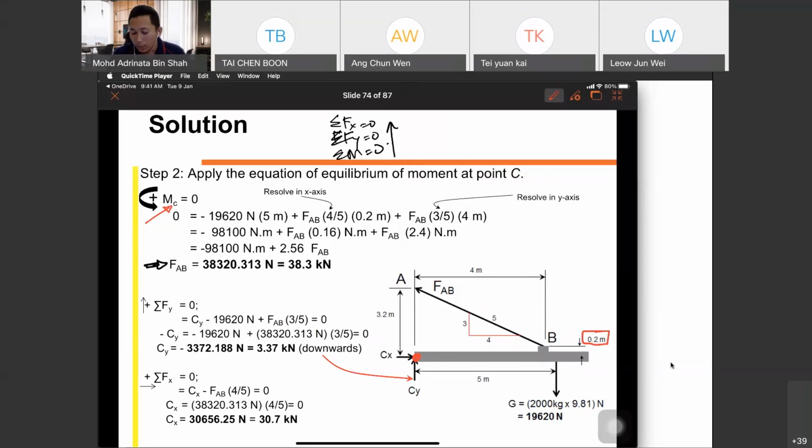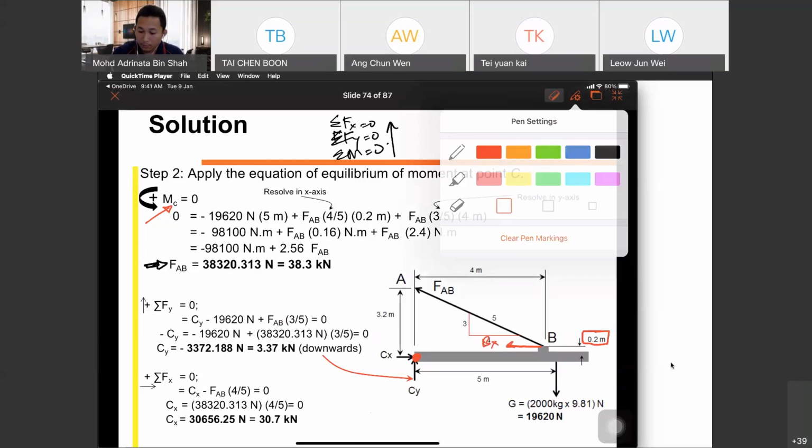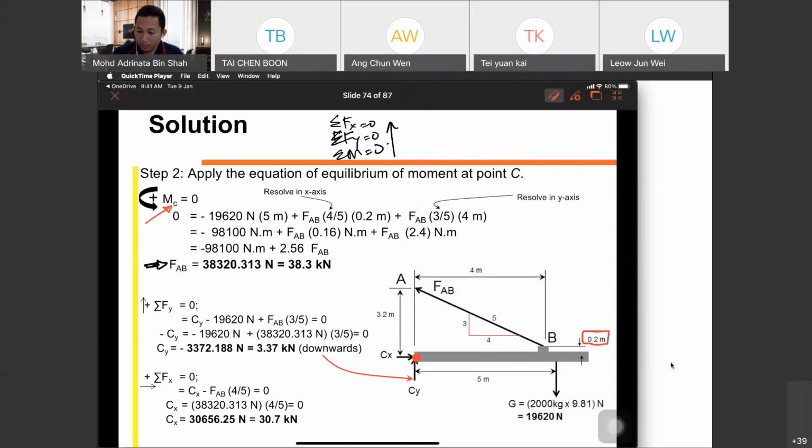The moment at B is actually you have Bx and you have FAB in x direction, and you have FAB in y direction.